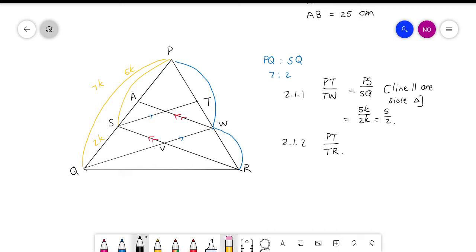Daar's nog iets anders wat hulle vir ons gesê het, maar julle het nie geluister terwyl ek dit gesê het nie. Hulle het gesê dat PW en WR is ewe lank. That PW and WR is the same length.